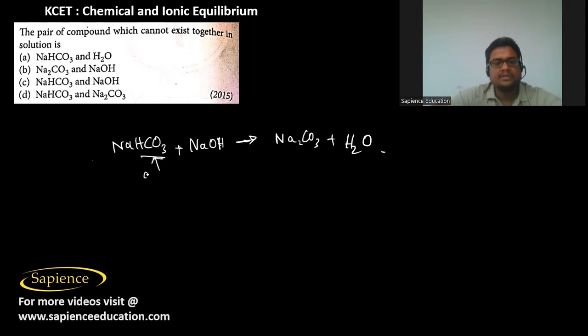NaHCO3 is an acidic salt. It can react with NaOH, which is a strong base. So it can give Na2CO3 plus H2O. So they can't exist together in the solution. So option C is the correct answer.